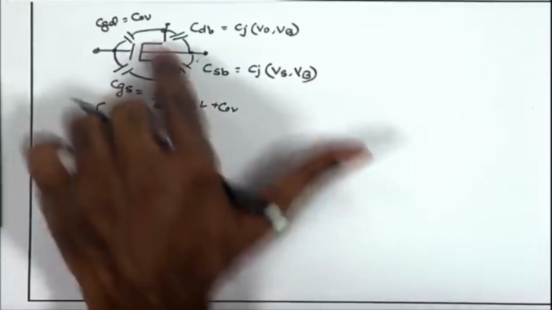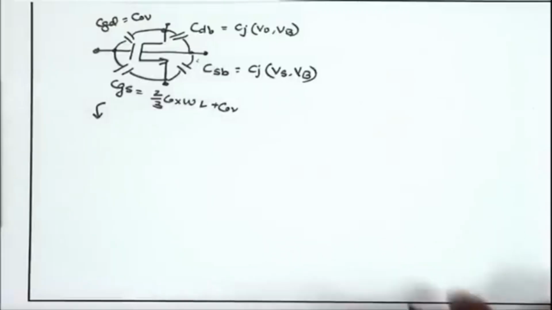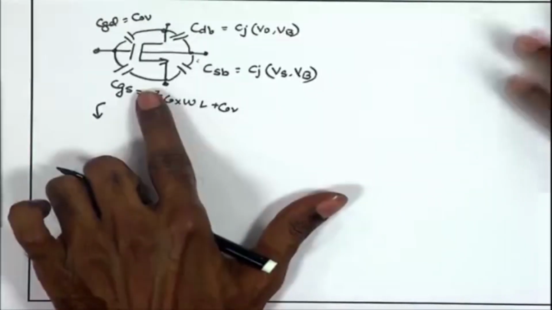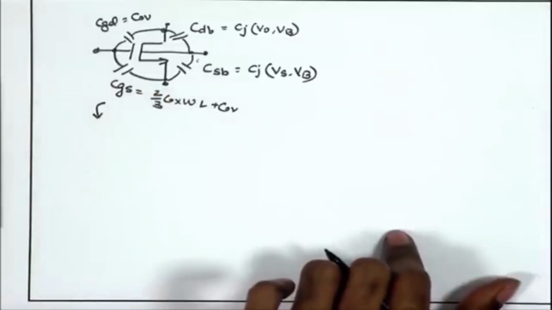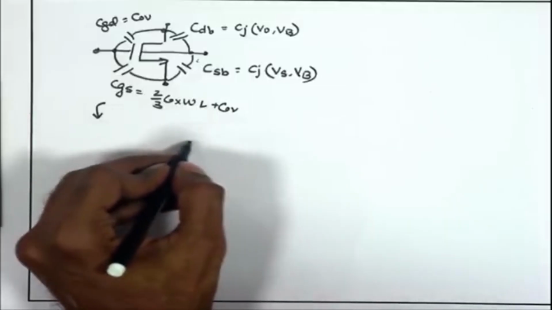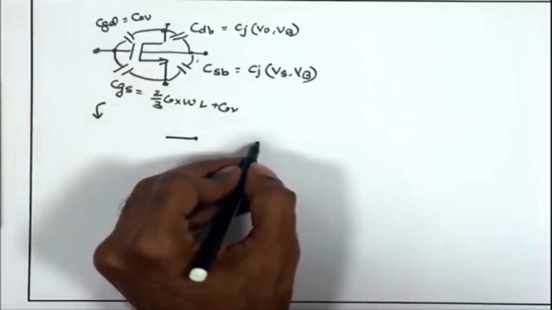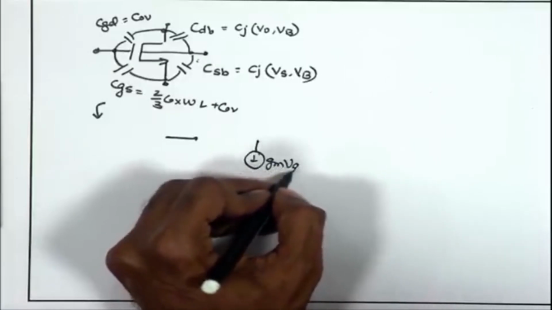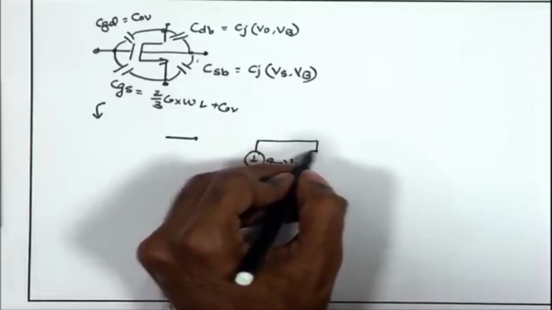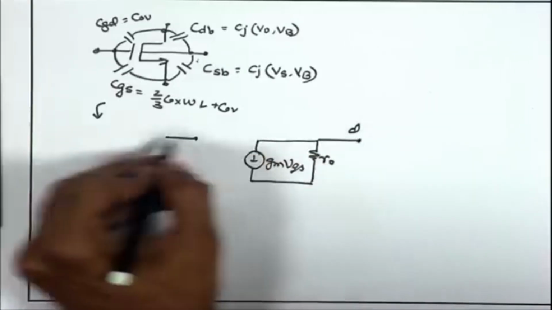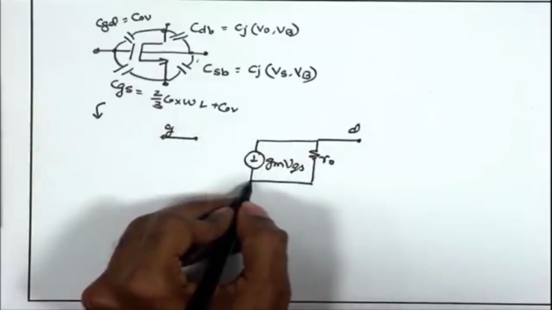So, if I replace this MOSFET model with the corresponding small signal model that we have just seen. We will start with the small signal model gm VGS, RO, and then we had this terminal drain and the gate and the source.